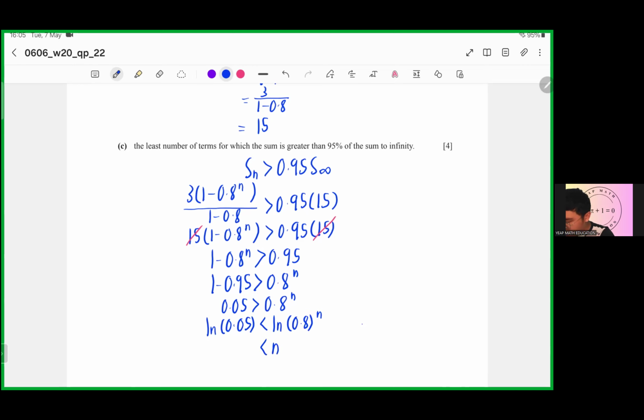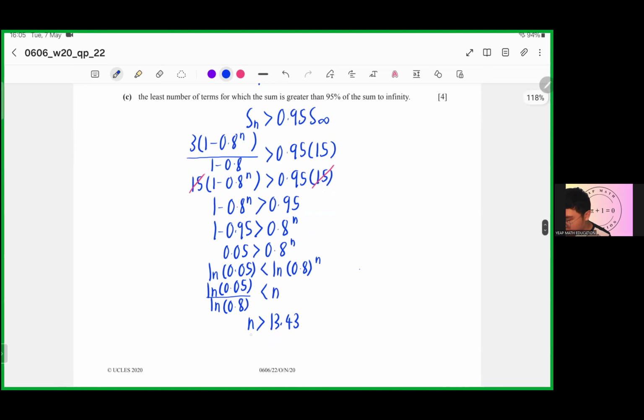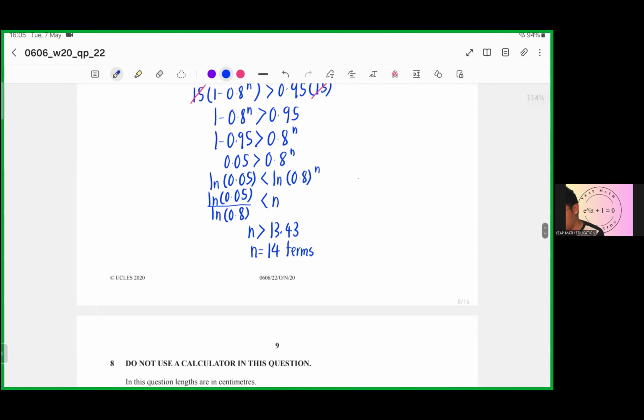Now n is ln 0.05 over ln 0.8. Let's see the answer. It is 13.43. So it means the least number of terms is 14 terms. Now we look at the next question.